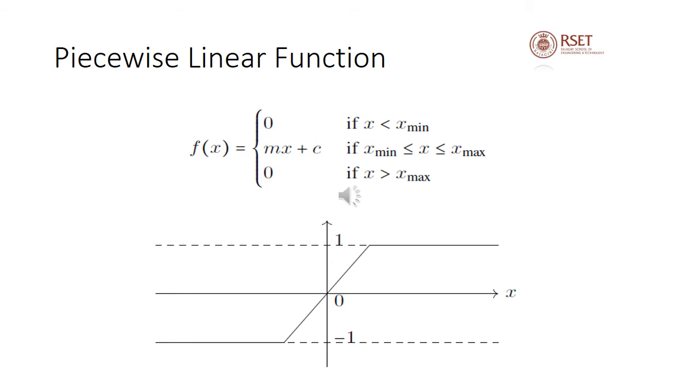Another linear function is called the piecewise linear function, which can be represented as: if x is less than x min, which is equal to 0; if x is in the range x min to x max, the value is mx + c; if x is greater than x max, the value is 0. Again, the range lies from -1 to 1.